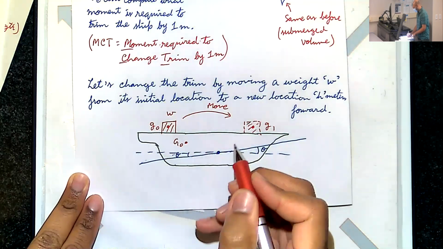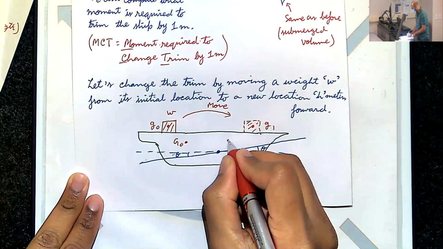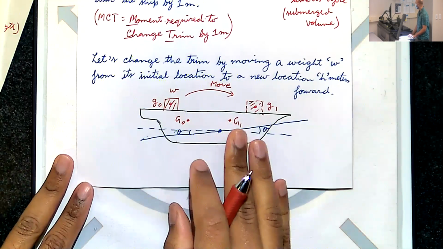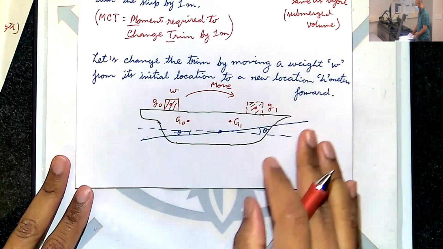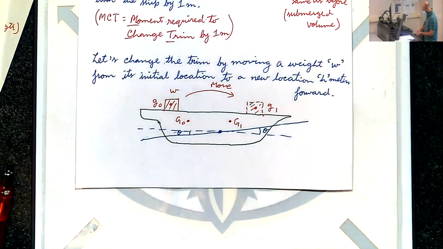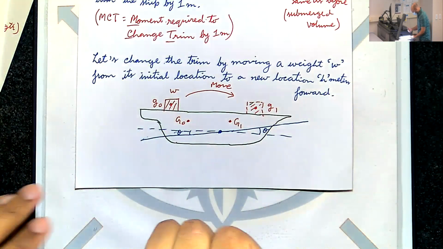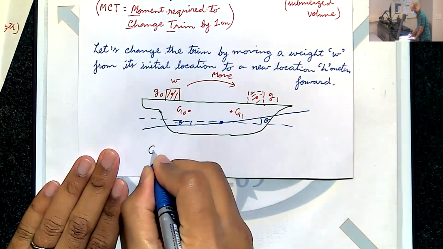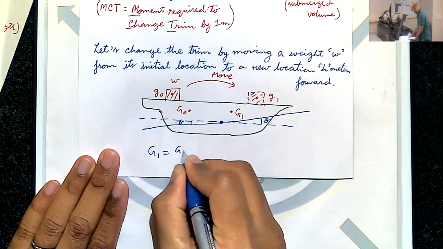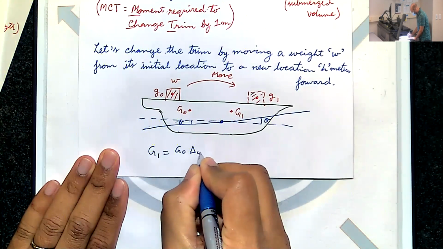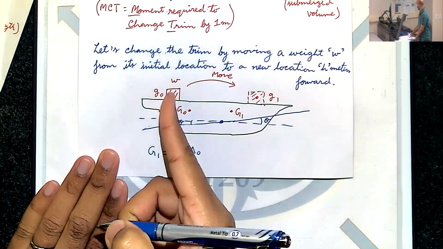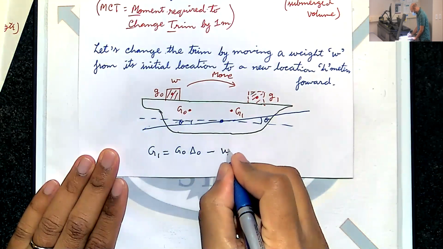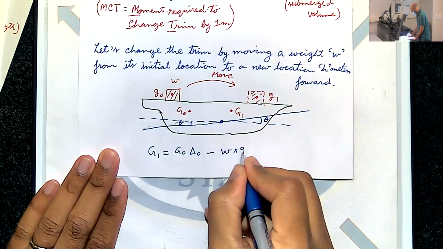We just shifted it. So G0 will go to somewhere, G1. We don't know where yet. But we know how to compute this. We know when we shift things, we know how to compute the resulting new combined CG. So we know G1 will be G0 delta 0, okay? We removed mass from this position, so we put a minus W times little g0.